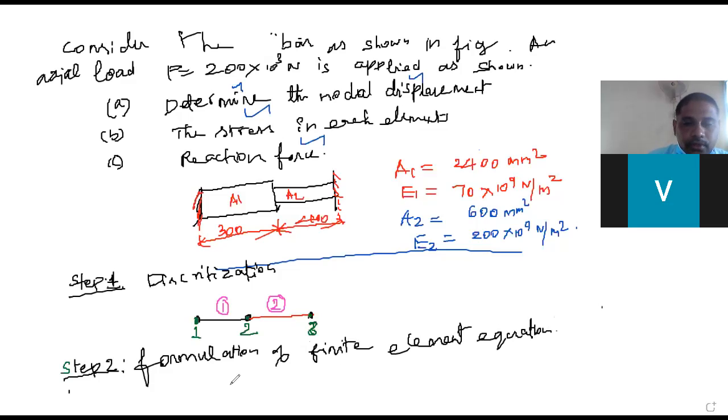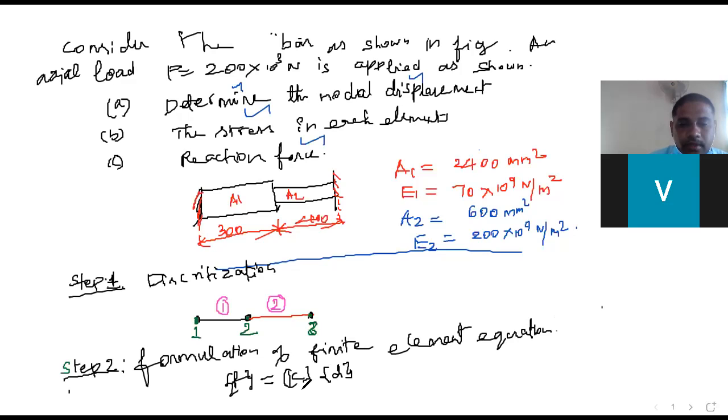We have to frame the finite element equations in this form: F is equal to K into D. K is nothing but the stiffness matrix, and D is nothing but this. K is nothing but this stiffness matrix.